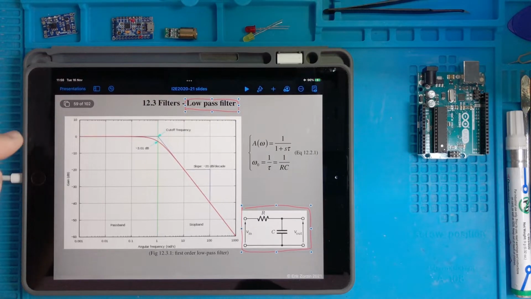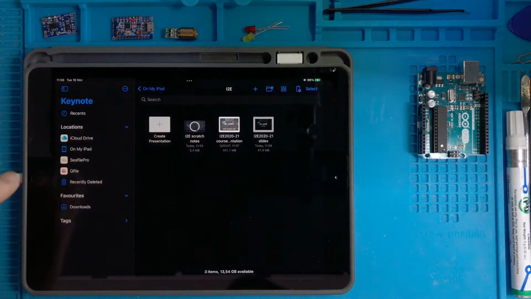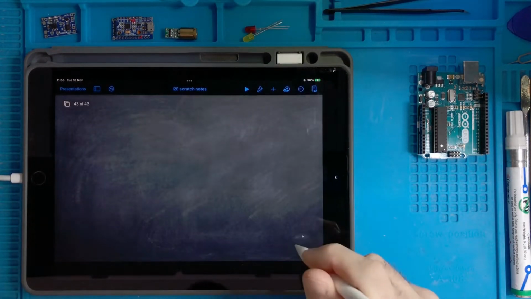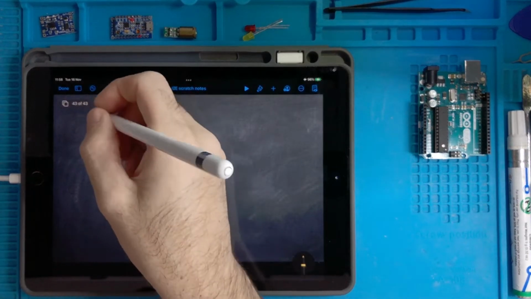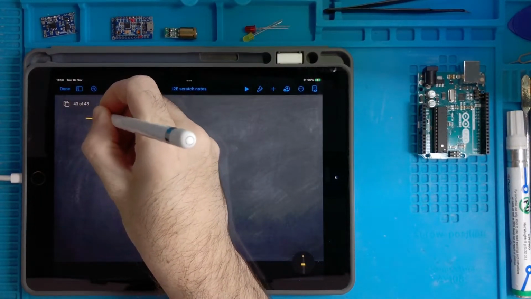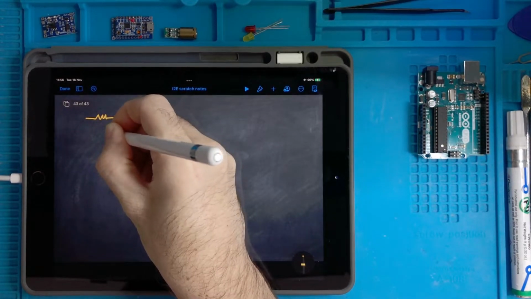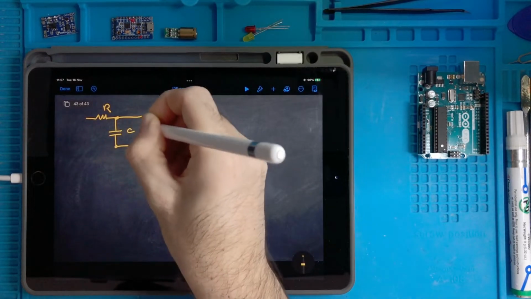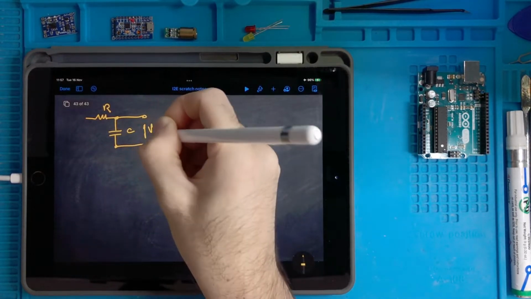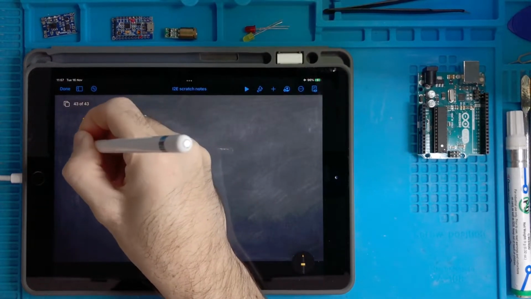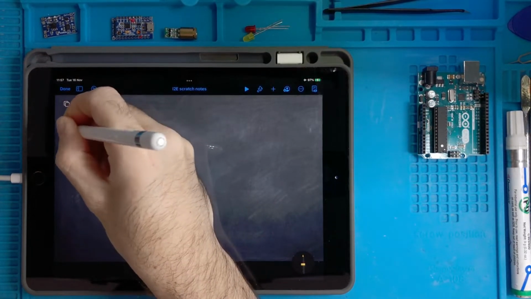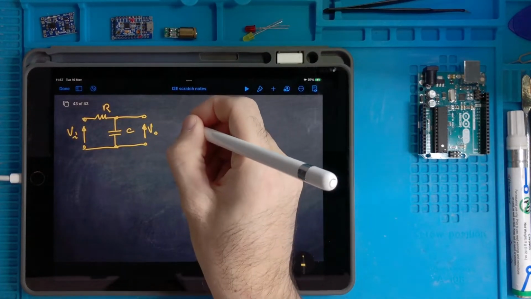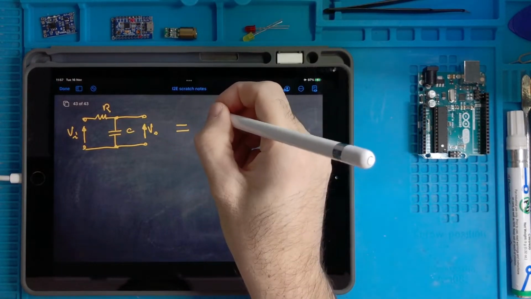So I go back to the blackboard. And now we have this: R, C. Here we have the output. Here we have the input. And I transform this circuit into this one.